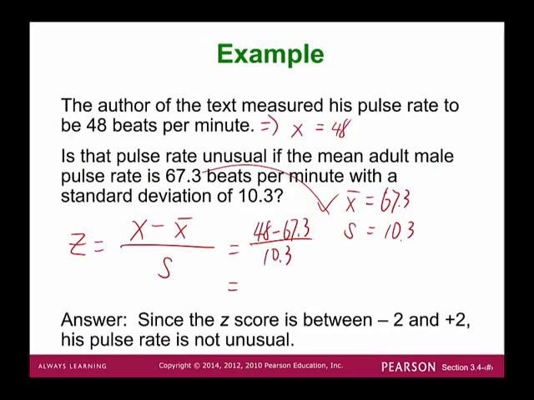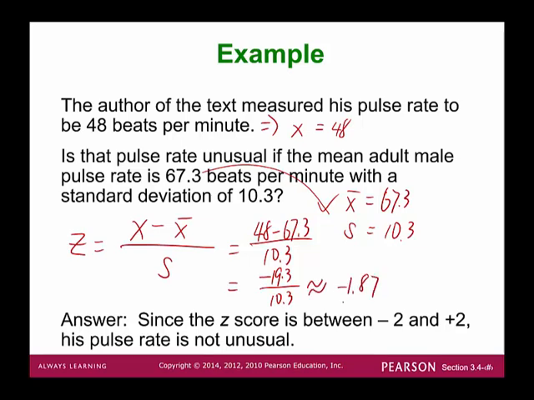Let's see what that is. 48 minus 67.3, divided by 10.3, turns out to be negative 19.3 over 10.3, approximately equal to negative 1.87.